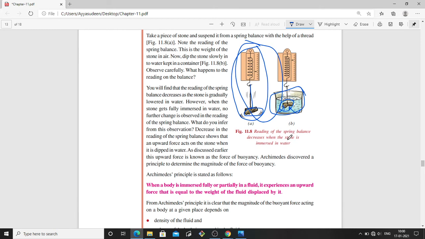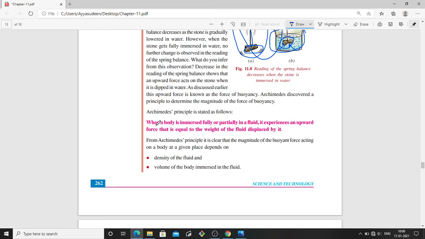Archimedes discovered this principle. Archimedes is a scientist.